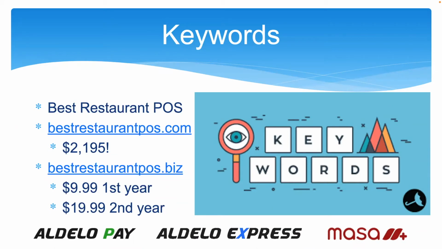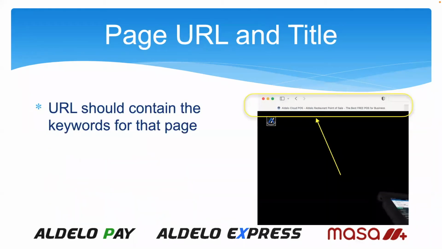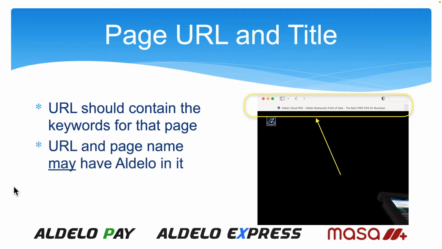So that domain name I own. That's mine. So now my page URL actually has my keywords because it's bestrestaurantpos.biz. So I'm assured of each one of my pages having my keywords.